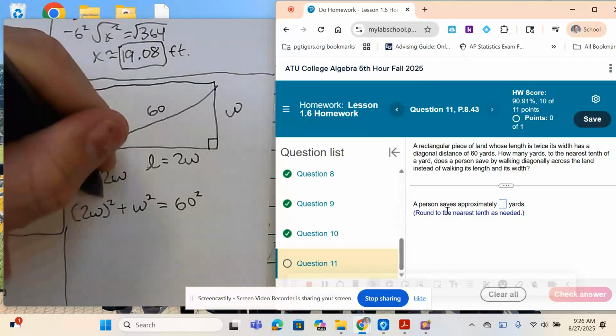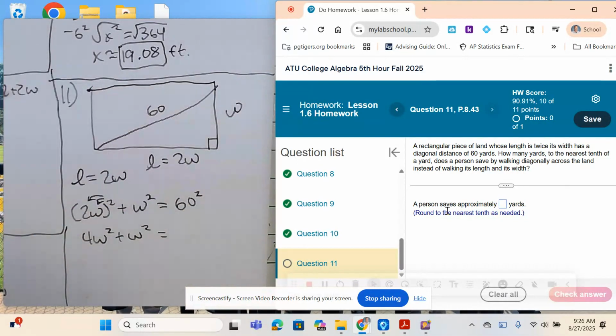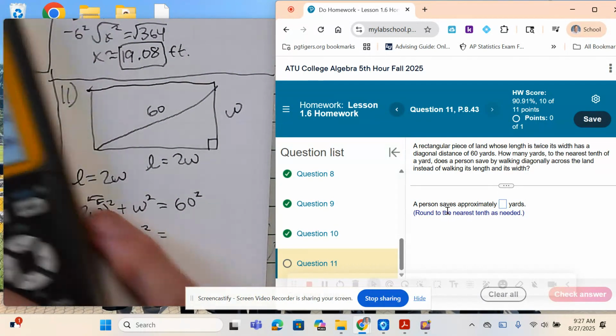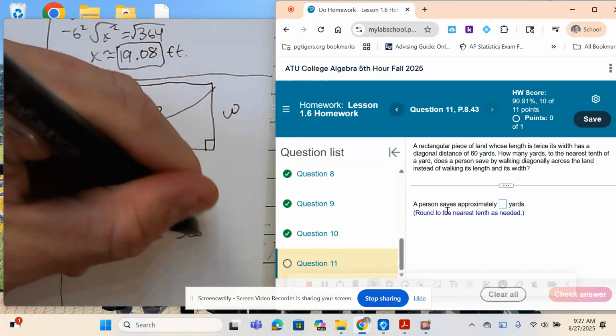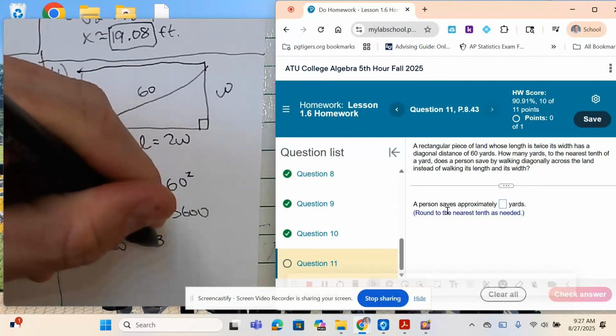Squaring the 2 and the w gives 4w squared plus w squared equals 60 squared, 3,600. Add those together: 5w squared equals 3,600.